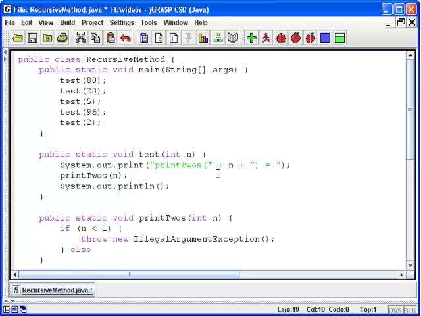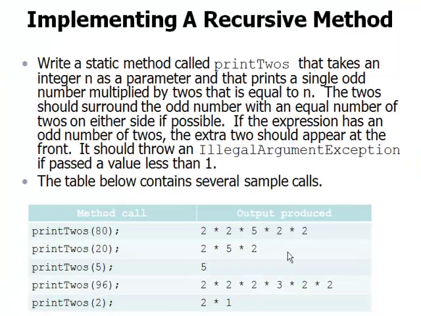And otherwise, we have to think about other cases here. If we take a look here, this table has purposely shown you producing the 2's for 80 in terms of the 2's for 20, and in terms of the 2's for 5.